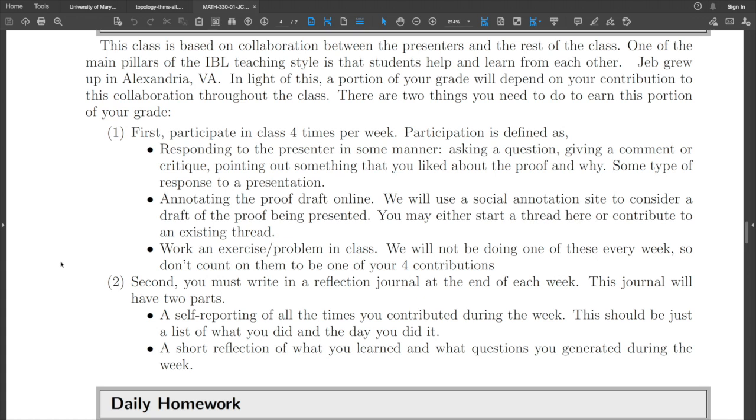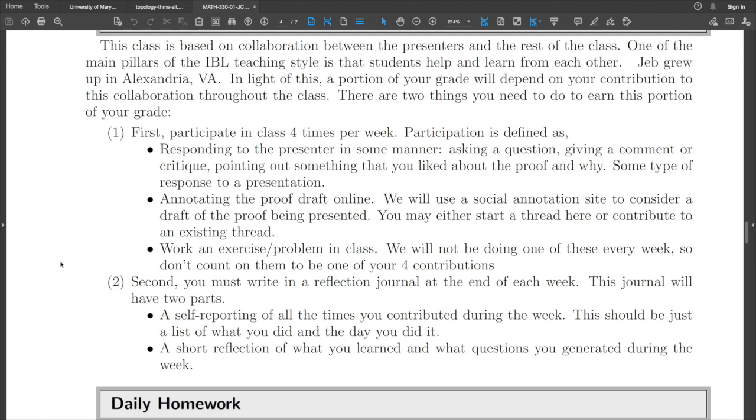Another is to talk in class, ask a question, make a comment, contribute to the class collaborative discussion and with the class learning. We'll be working some exercises in class. You can work an exercise in class or answer a question that I ask. All of these are ways, but you have to contribute to the class learning 4 times per week. This is critical to the way that this learning system works.